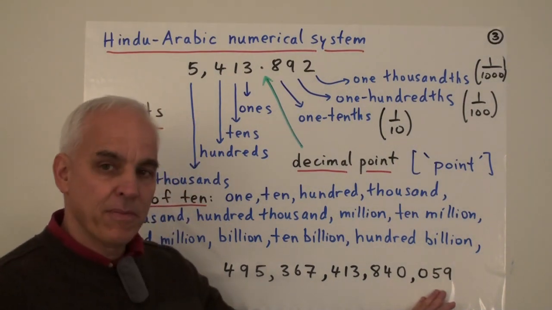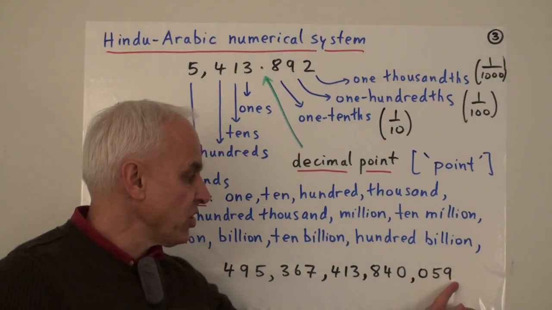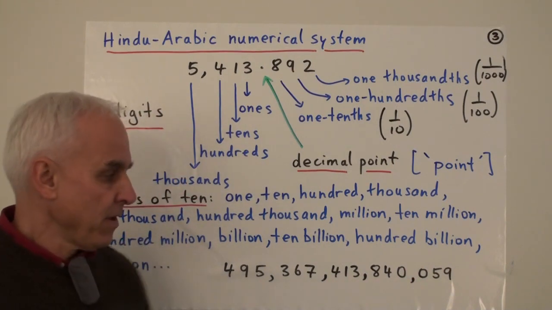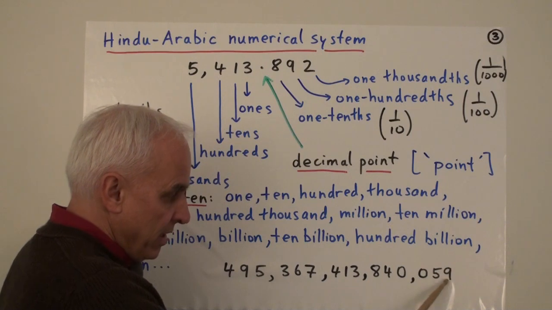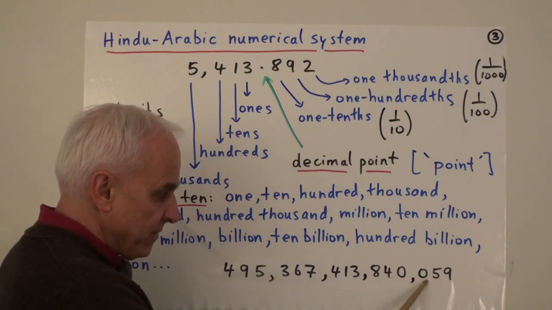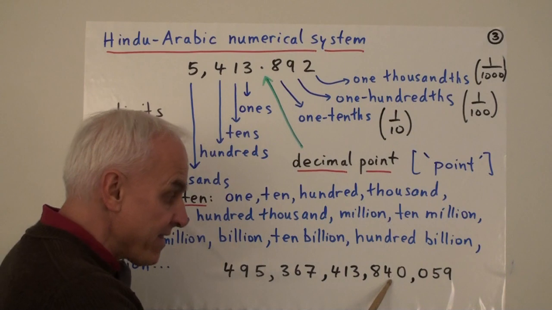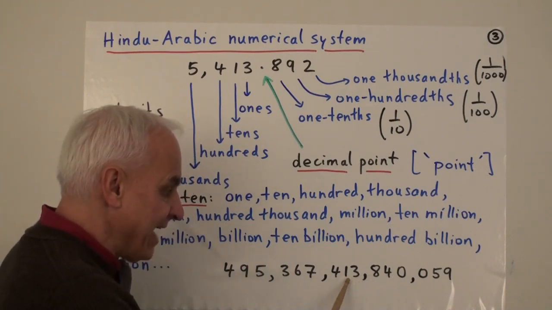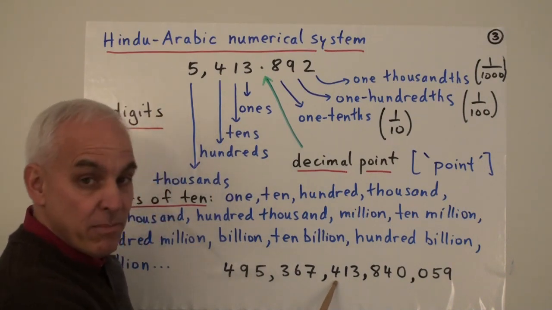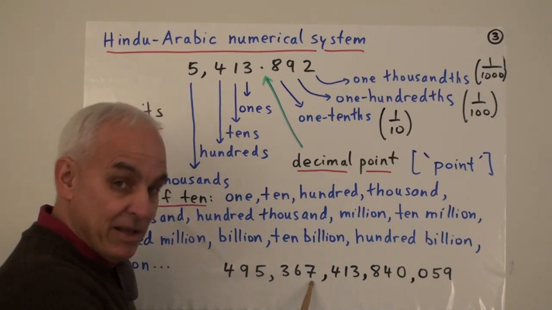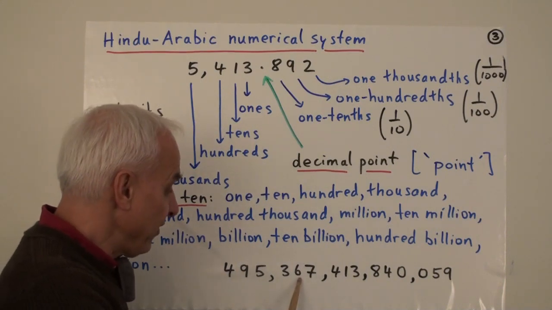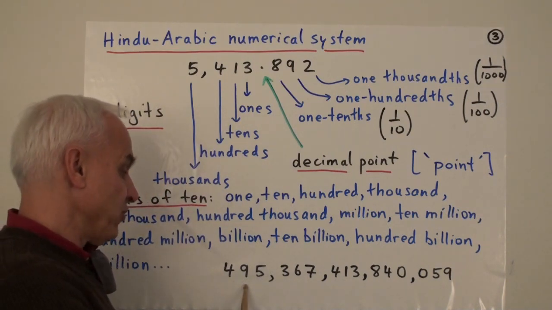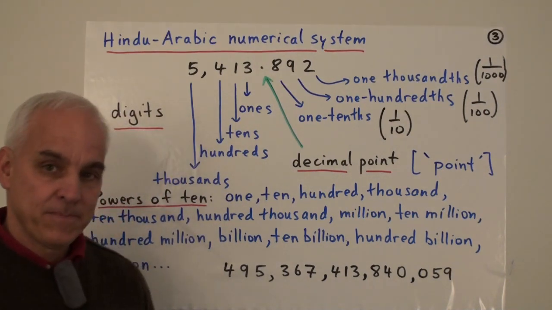Here is a big number, and we organize our notation so that there's commas separating groups of 3. Here's the ones position, the tens, the hundreds, thousands, 10,000s, 100,000s, millions, 10 millions, 100 millions, then billions, 10 billions, 100 billions, trillions, 10 trillions, 100 trillions.